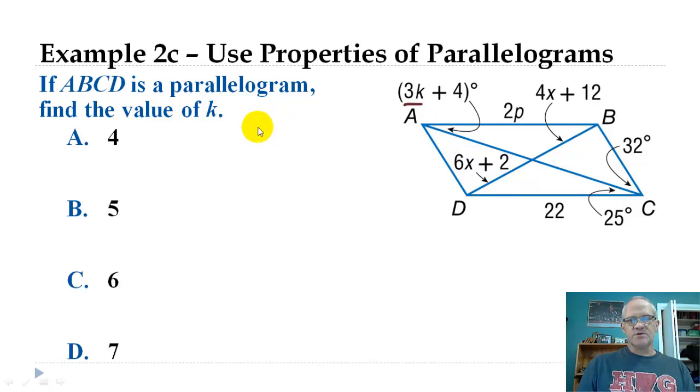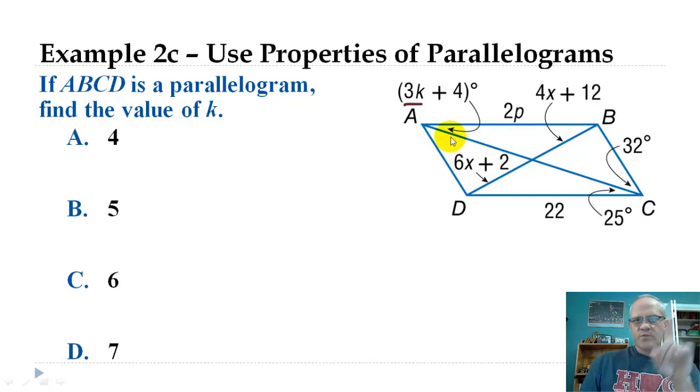We just talked about congruent triangles, so you could think about ABC as a triangle and ADC as a triangle, and see what angle 3k plus 4 matches up with in the other triangle. You might be able to do that, but you'd have to spin it around in your head, or make marks to show what sides are congruent. But keep this in mind, here's another thing to think about.